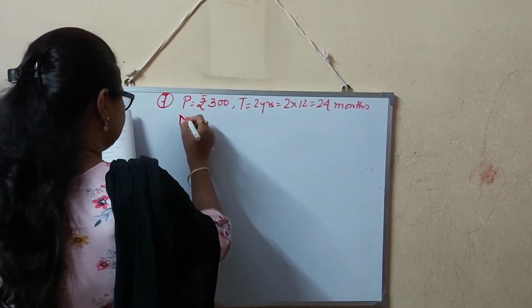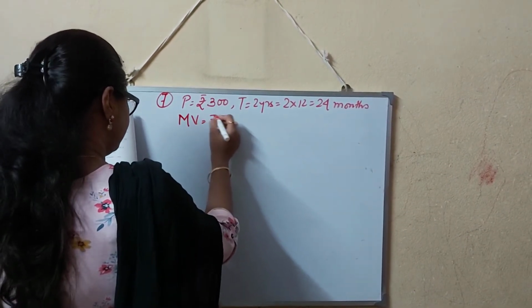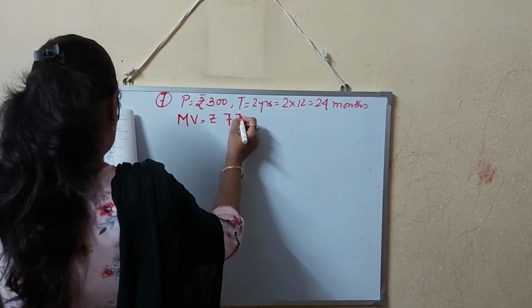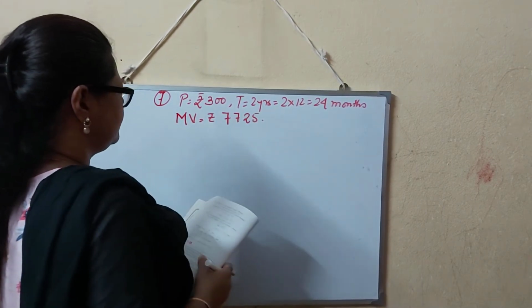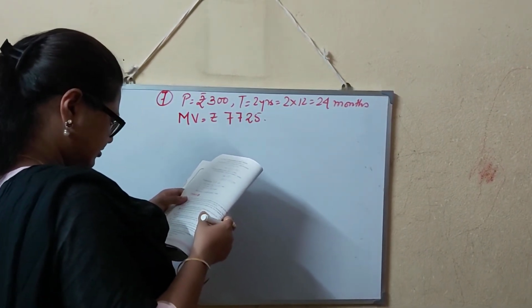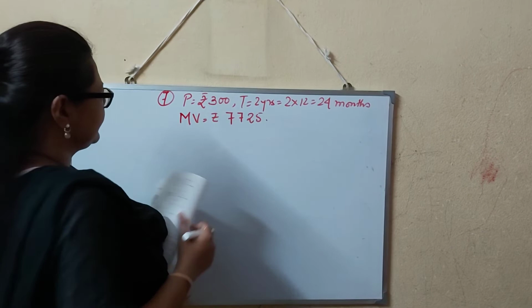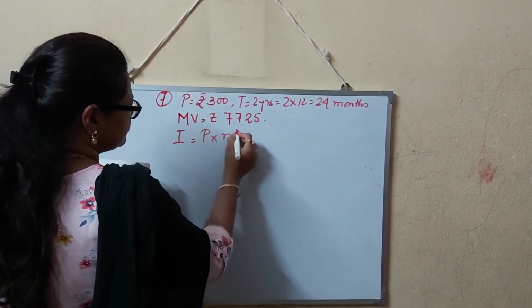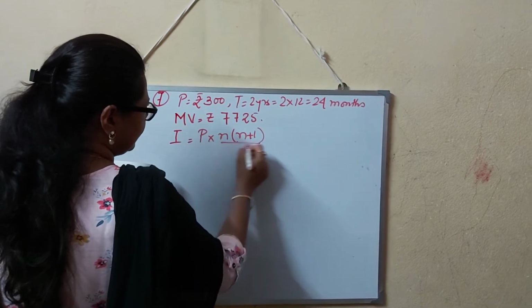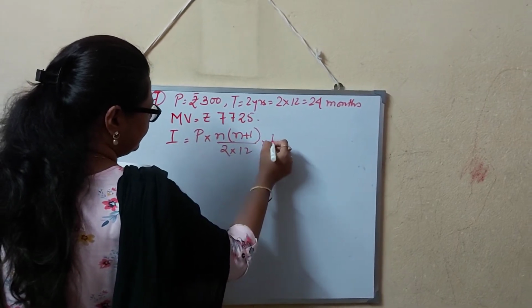So it said that his MV is rupees 7725. Told you to find rate of interest. Okay, let's do it. First I am finding out interest. P into n into (n plus 1) by 2 into 12 into R by 100.